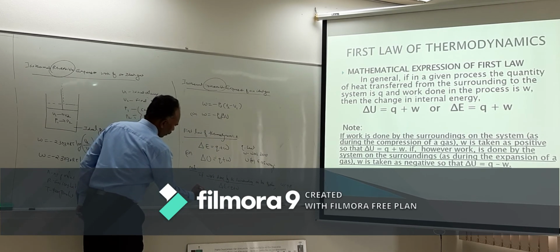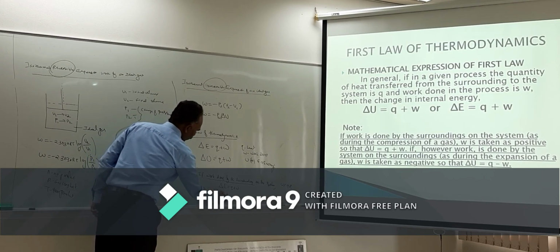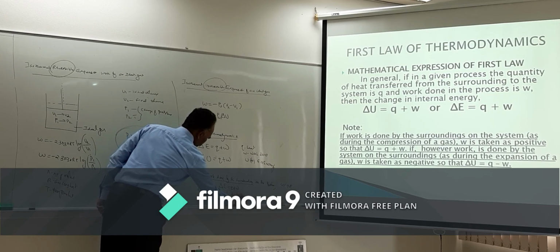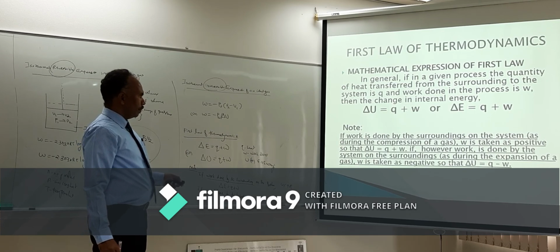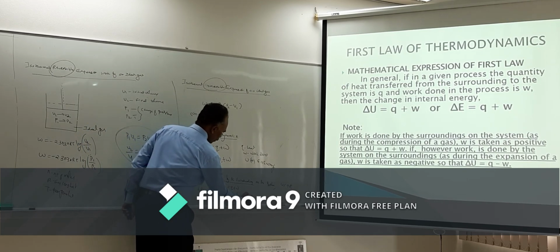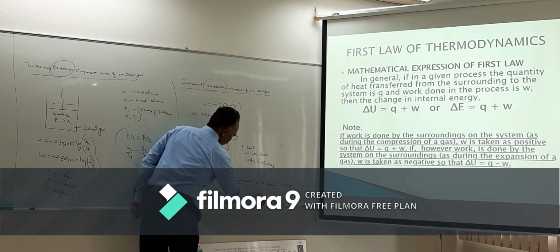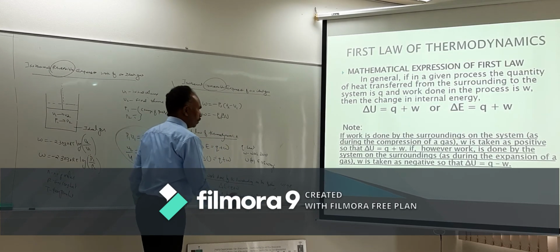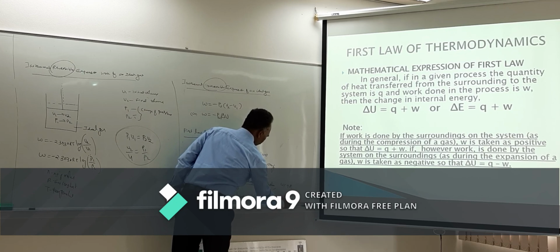Next, if work is done by the system on the surrounding, just opposite, then W is negative.